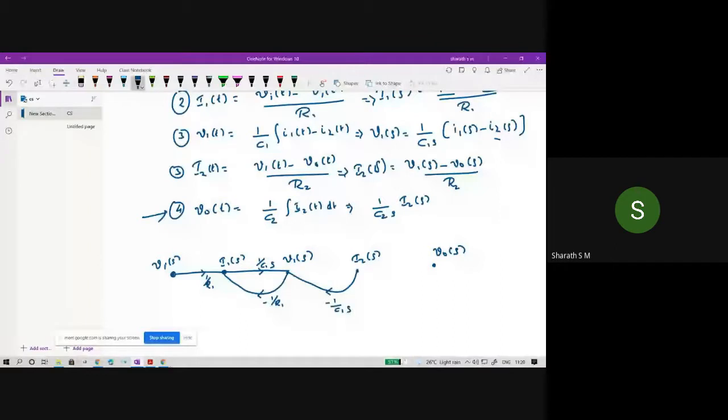What about for I2? V1 of S divided by R2. Bhavana? Forward path, sir. So forward path, what's the gain? For I2 of S, we have the equation V1 by R2 minus V0 by R2. So what is the gain we need to write down for this?